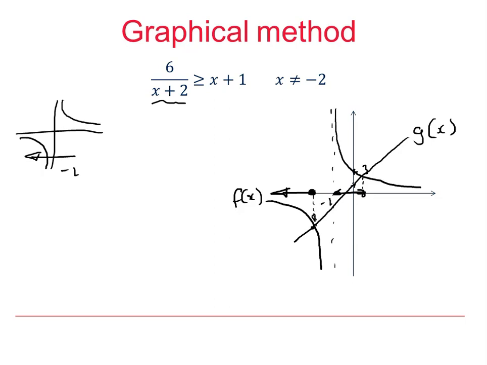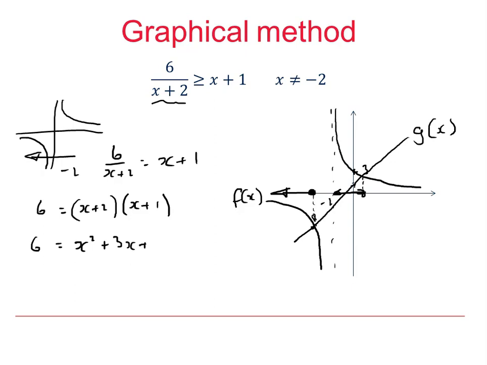In other words, we need to find when is 6 over x plus 2 equal to x plus 1. Now to do that, straightforward, we can multiply by x plus 2 when we've got an equality or an equation. So that means that we have that 6 is equal to x plus 2 multiplied by x plus 1. Multiplying out the right hand side gives x squared plus 3x plus 2.